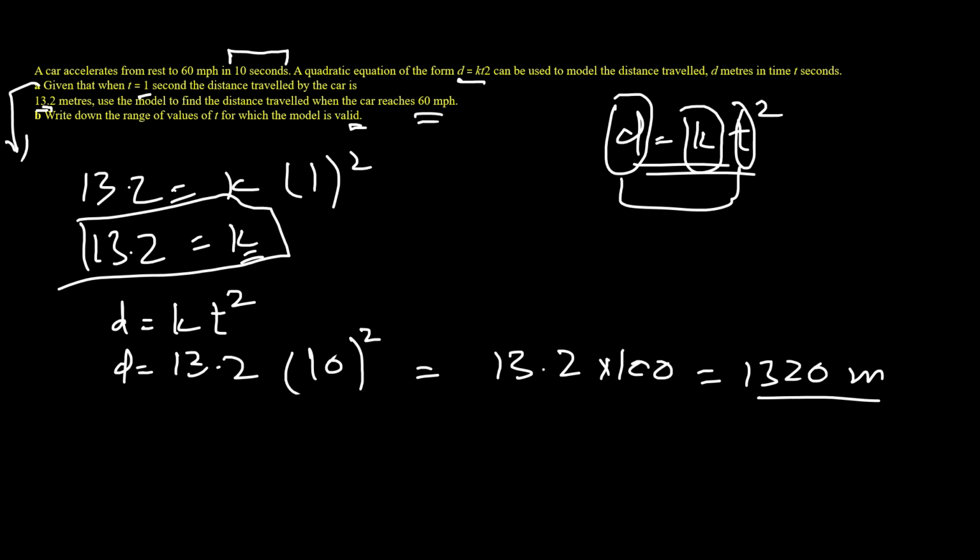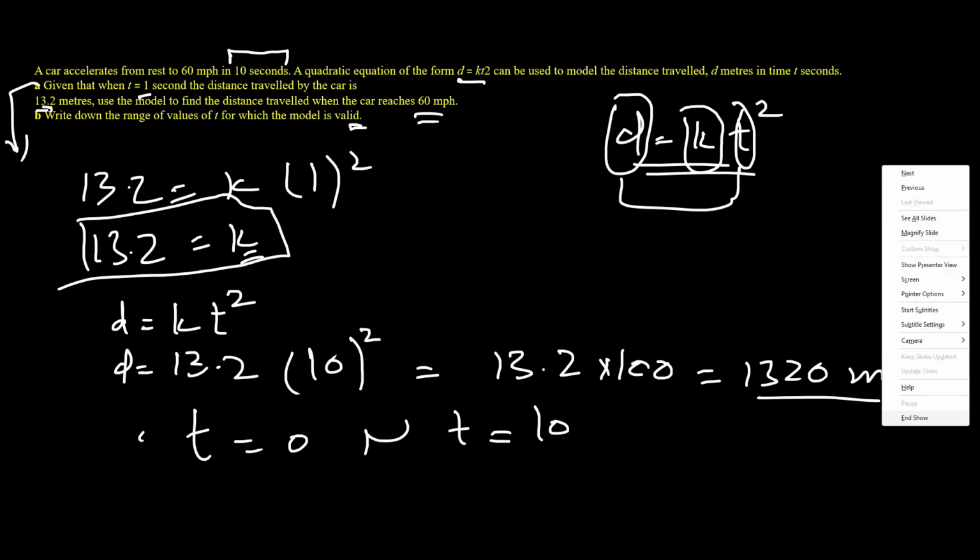So that's the total distance the car took to accelerate from 0 to 60 miles per hour. Now, write the range of values of t for which the model is valid. The model, as you can see in the problem statement, is valid for t from t equal to 0 to t equal to 10. That's it.